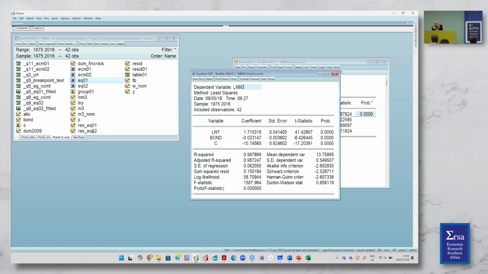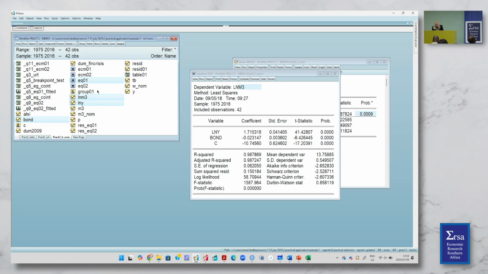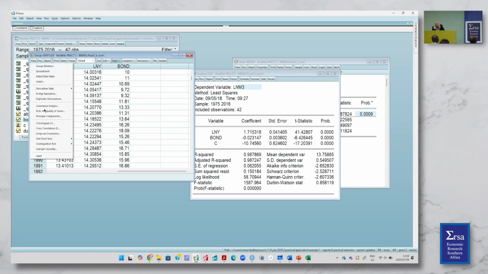What you have to do is just do the log of M3 money as a function of the log of Y and the bond rate. Open that as a group. Oops, I must just, now I have multiple things selected. Open as a group and now view co-integration.